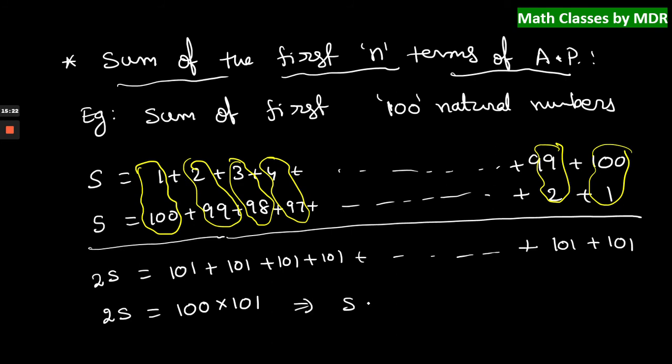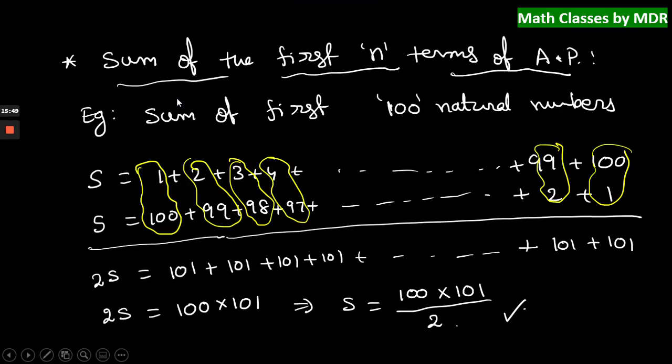So S can be written as 100 into 101 by 2, which gives some value. This is the sum of the first 100 natural numbers. Let us apply a similar procedure to get the sum of the first n terms of an AP.